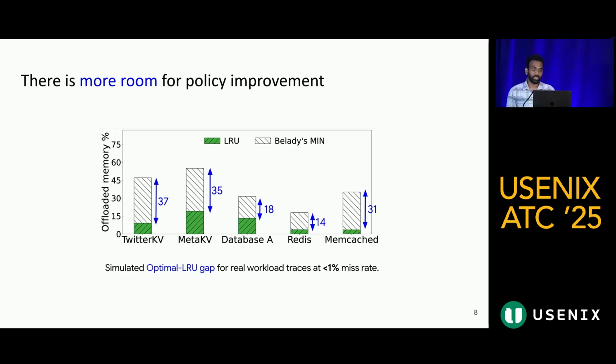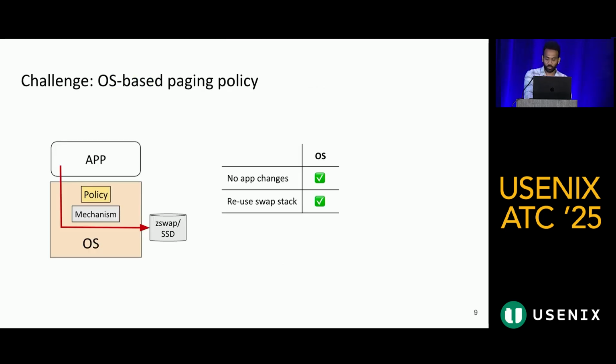We've seen that in our simulations as well, where one of the things that we tried to find out is what is the difference between the memory that you can offload using the LRU policy compared to what the optimal policy can give you. We did this on a set of page traces from real-world applications, and of course, what we find is that there's significant room for policy improvement here.